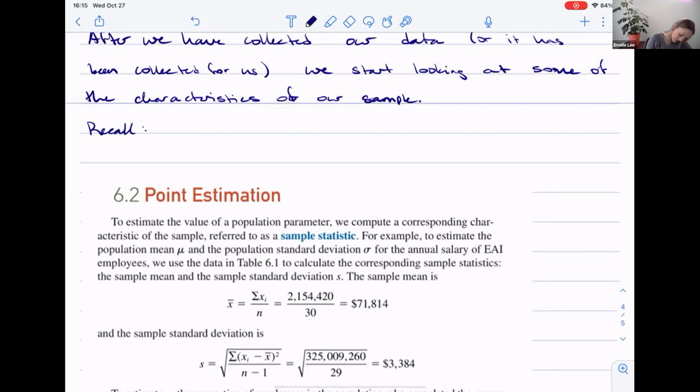Recall, a statistic is information calculated from a sample.